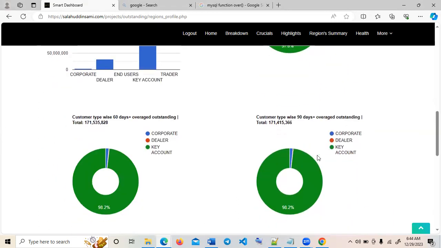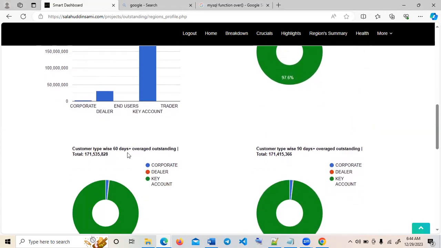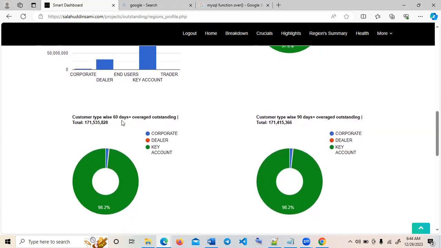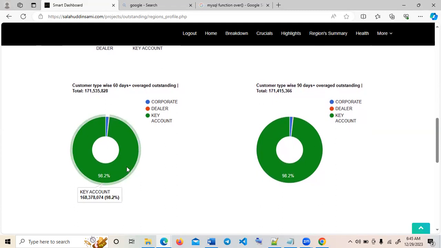This also shows for this region the customers' 60 days plus overaged outstanding, which are overaged by 2 months. Here also, only this key account type of customer makes up 98% of the 2 months plus overaging.